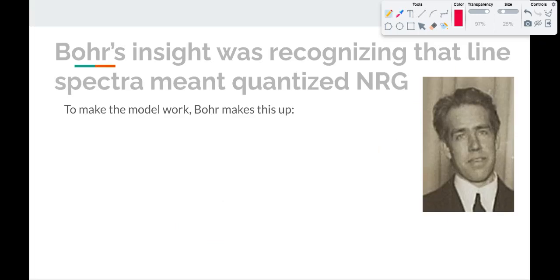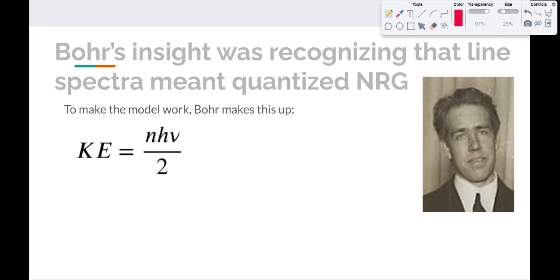Bohr's real insight that helped him develop this model was recognizing that those line spectra meant that the energies of the electrons in the orbits had to be quantized. And he's already looked at how to evaluate how much energy is in these little rotating particles. But the part that's new, the part that he had to just sort of insert here, was the quantization part.